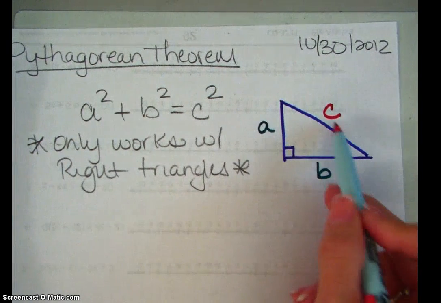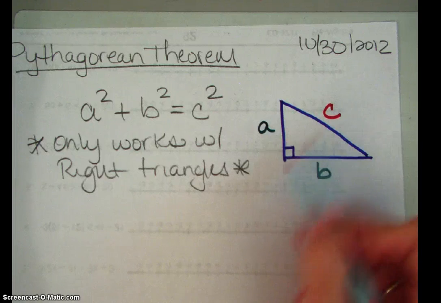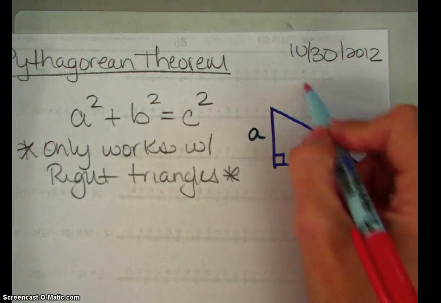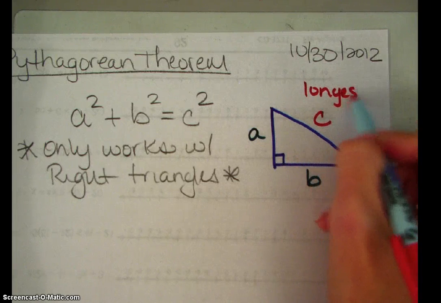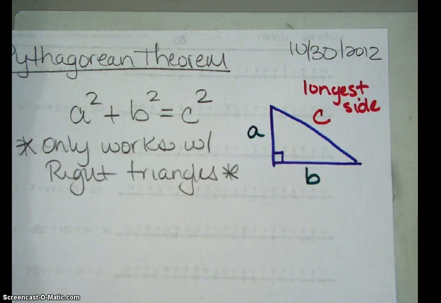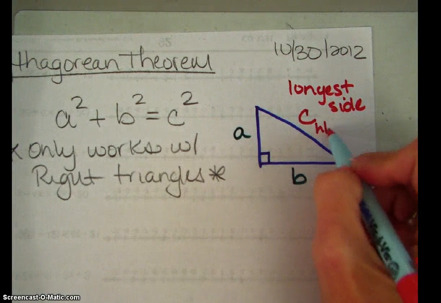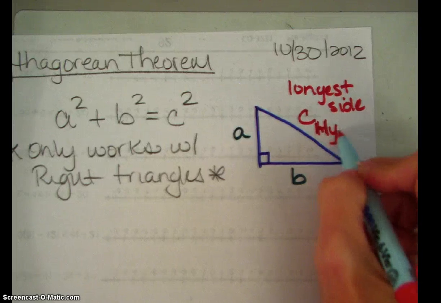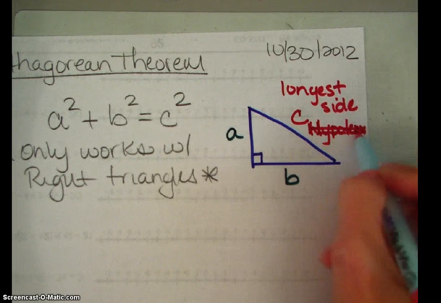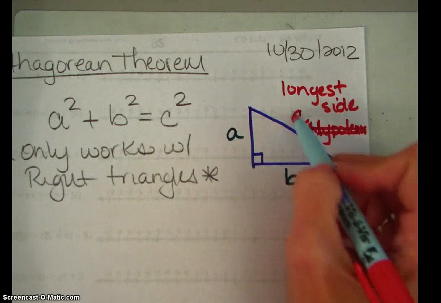C is always across from the right angle. And very important, it's the longest side. And it is called the hypotenuse. That's an H. And I'm running out of room. So let me go up here.